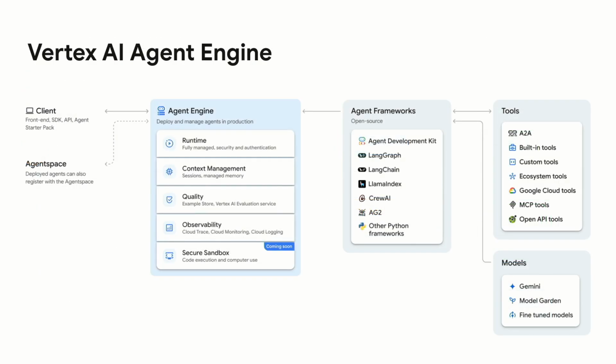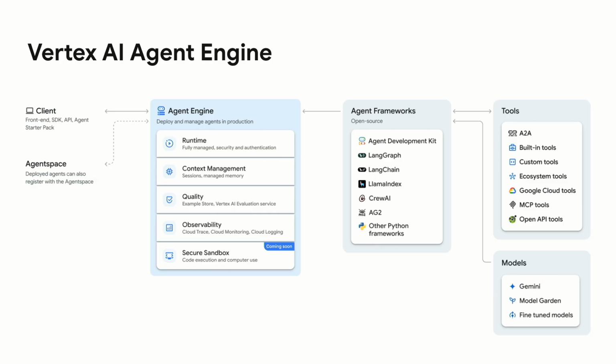Now let's take a look at the Agent Engine. Agent Engine provides a set of managed services for you to productionize your AI agents on Google Cloud. To be more specific, it provides a scalable and robust runtime for you to deploy, serve, and scale your agents.